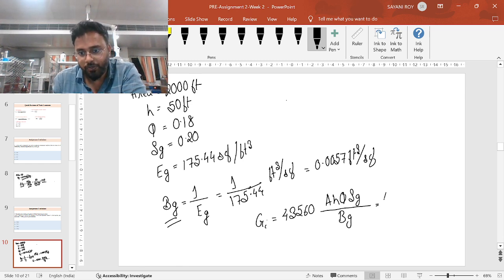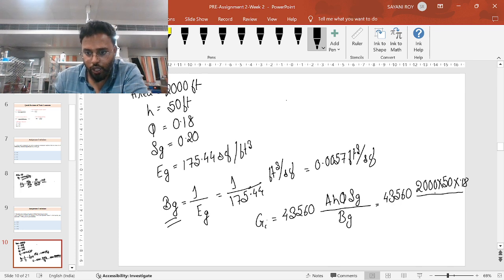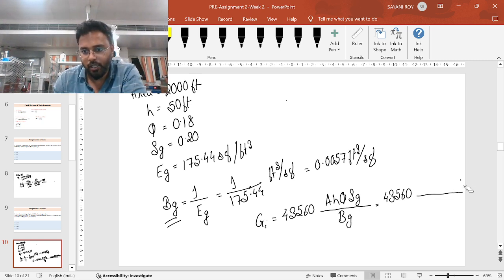So it will be 43560, area will be 2000 into height 50, and the porosity is 0.18. Let me erase this part and write it in the next line.